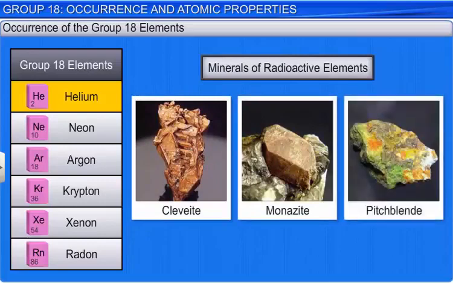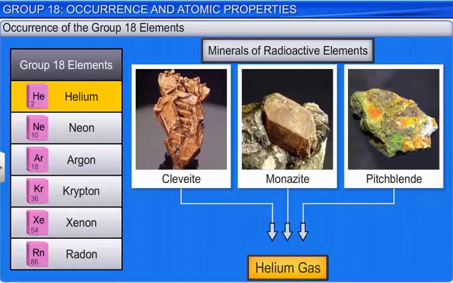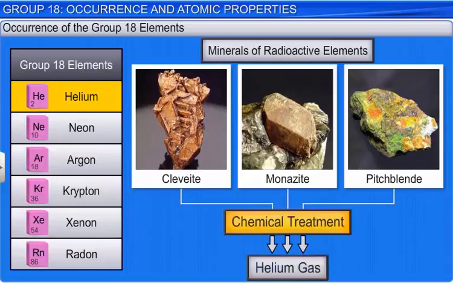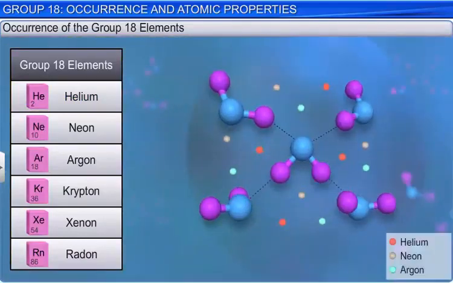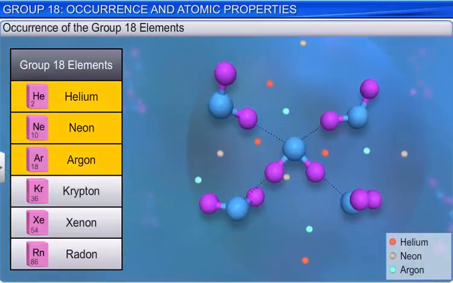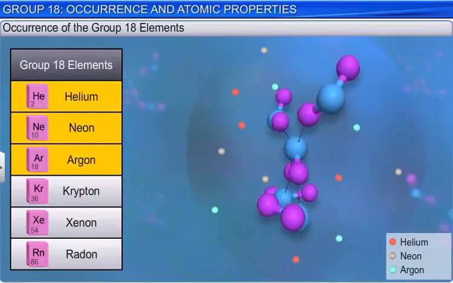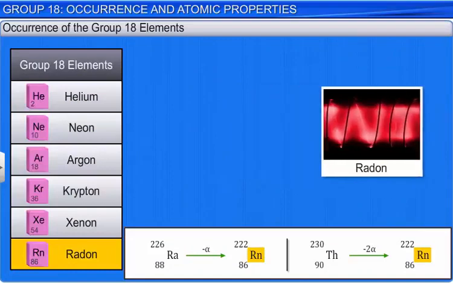These minerals give off helium gas on being chemically treated. Certain water springs contain helium, neon and argon in the form of dissolved gases. Radon is a radioactive substance that is produced by the decay of radium and thorium minerals.